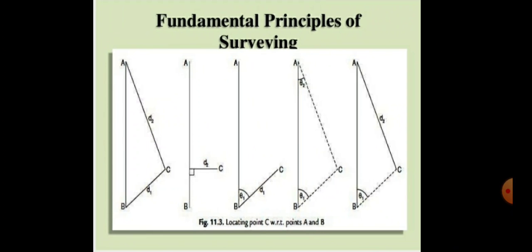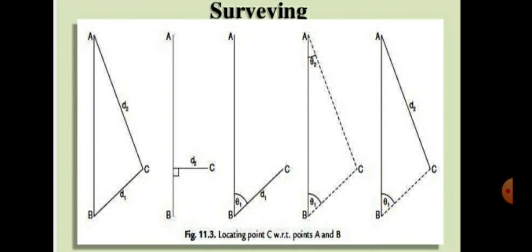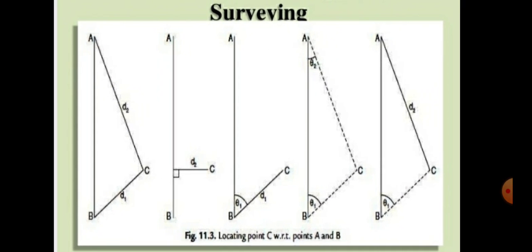As you can see in the diagram, in the first one A and B are the points and C has to be located. So you can take the linear measurements D1 and D2 from both the reference points A and B, and point C can be located.